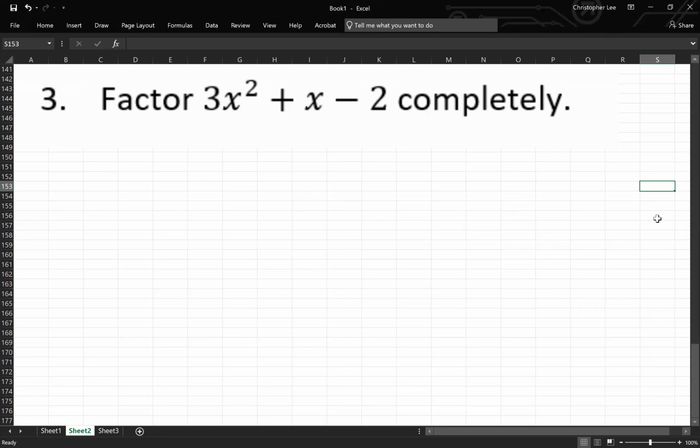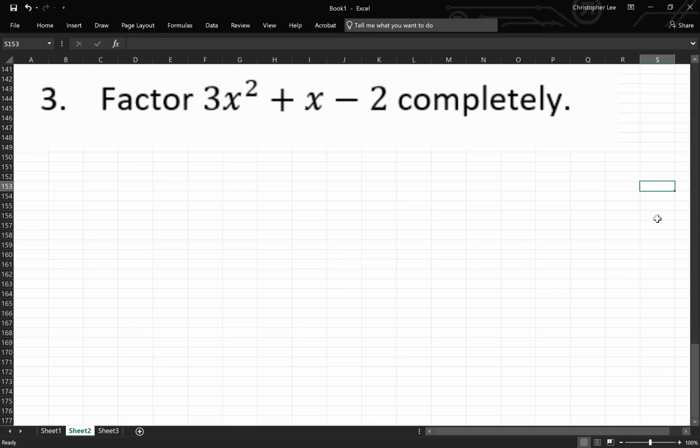All right, so I want to factor this completely, right? Couple of ways we could do this. I could use the AC method, and then we're done with the question. Or I could solve for the roots of the equation using completing the square or the quadratic formula, and turn the roots into the factors.